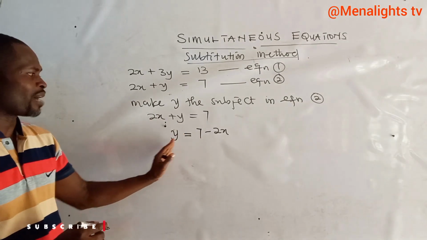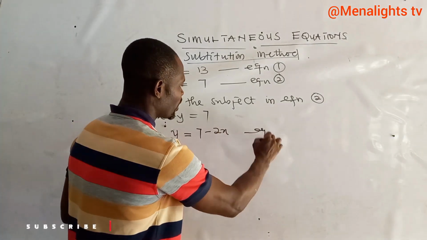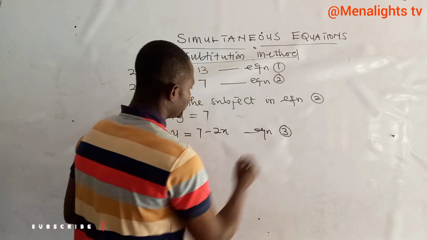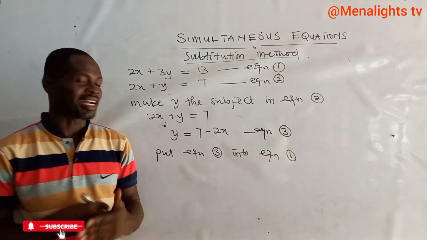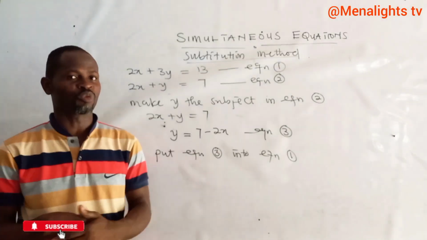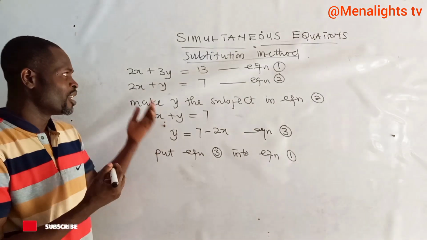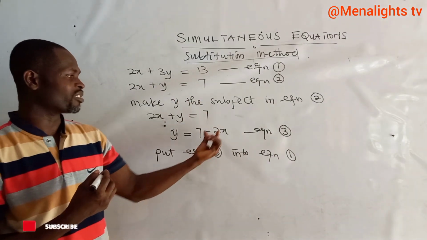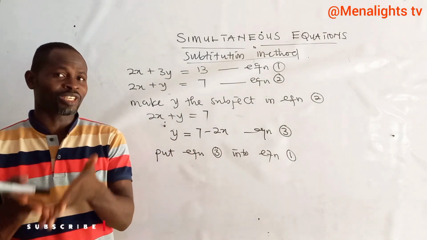So now that we have y equal to 7 minus 2x, we name this one equation 3. Now we put equation 3 into equation 1. You can't put equation 3 into equation 2 because we changed equation 2 to get equation 3. So all we have to do is put it back into equation 1.